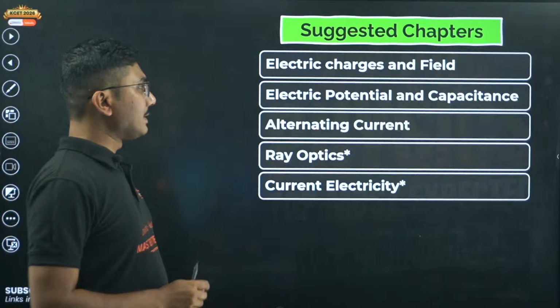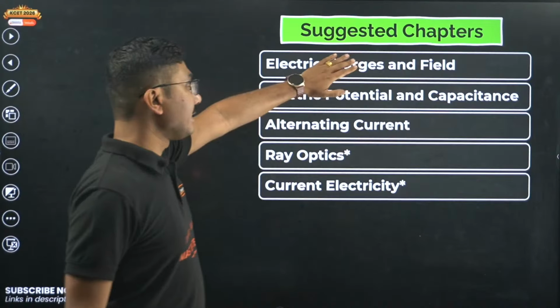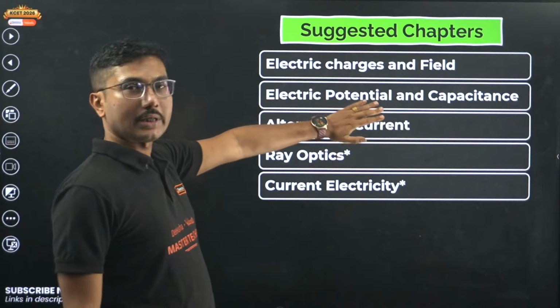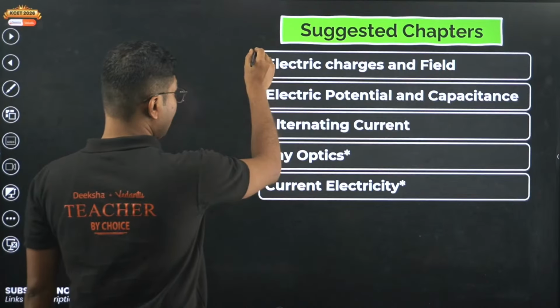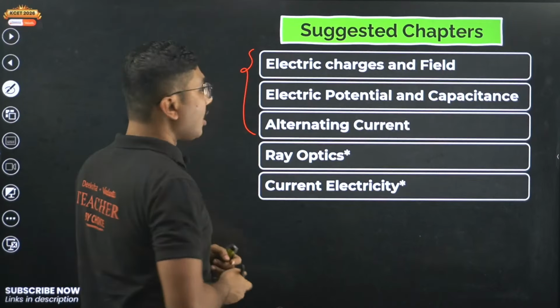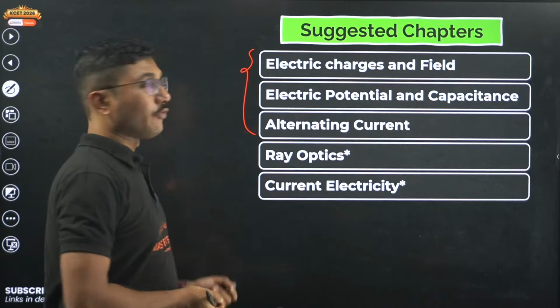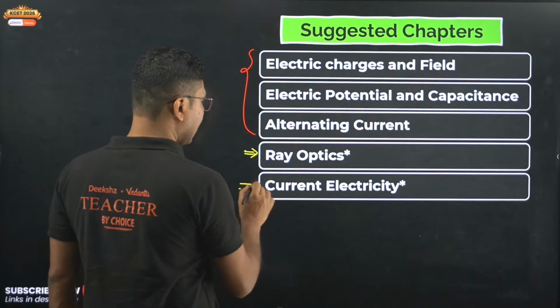Now let's start. As I always mention, if you solve numericals from electric charges and fields, electrostatic potential and capacitance, and alternating current, it is sufficient for you to answer 2 numericals. But for safety, you should also practice some numericals from ray optics and current electricity.